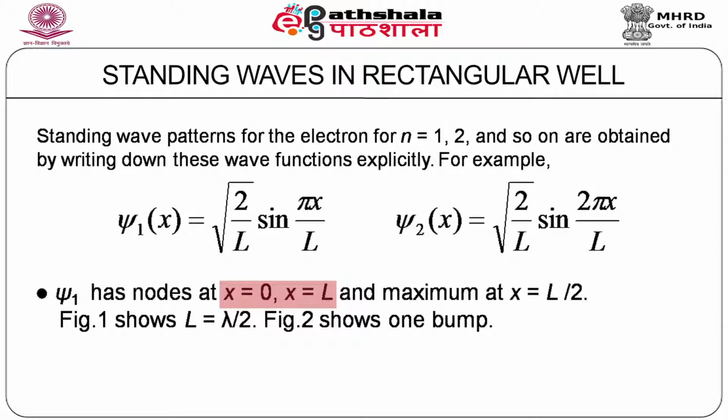And if you put x equal to L, then you get sine pi, which is also equal to 0. So in either case, psi 1 is equal to 0.